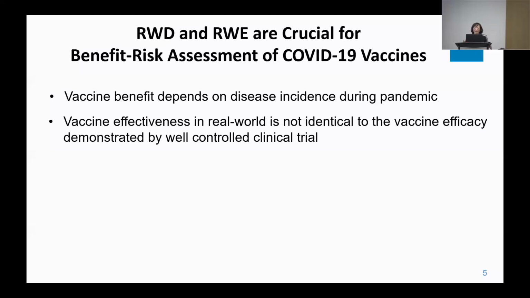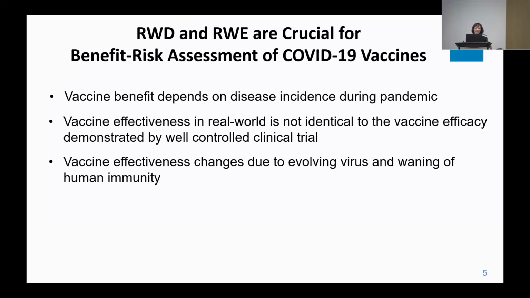And the vaccine efficacy demonstrated by a well-controlled clinical trial may not represent the vaccine effectiveness in the real-world setting. Also, a lot of times in clinical trials for vaccines, we use antibody titer as the surrogate endpoint. Therefore, the vaccine effectiveness needs to be further confirmed in the real-world setting.